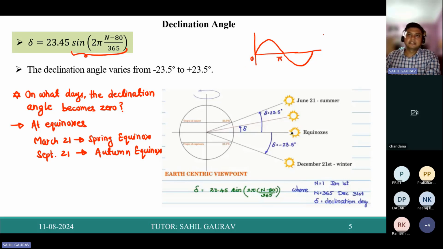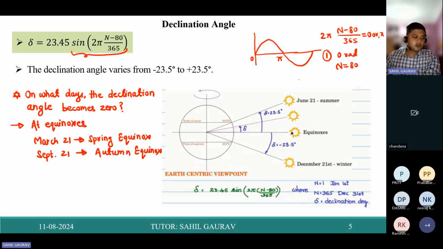So the inside term, 2 pi into n minus 80 upon 365, which we have taken in radian, should be 0 or pi. In the first case, we take 0 radian, and it becomes 0 at n equal to 80.